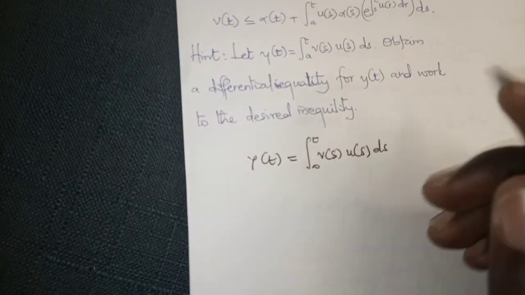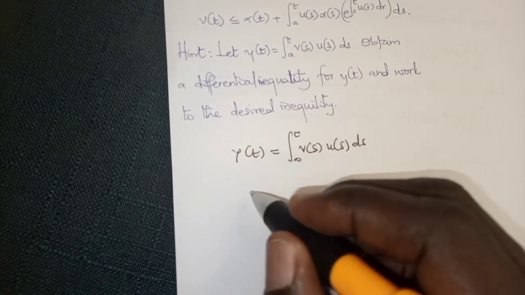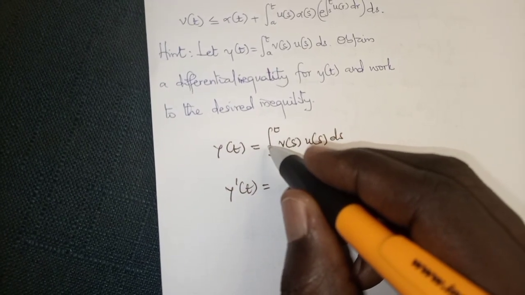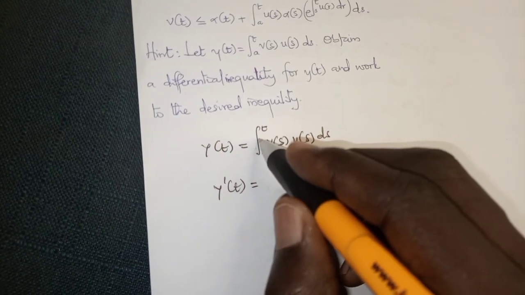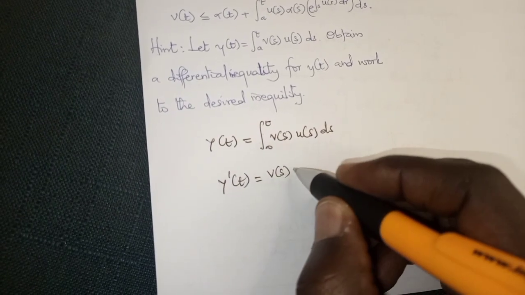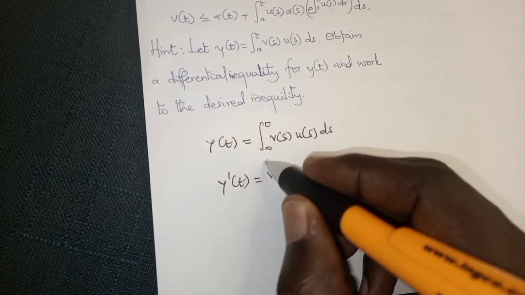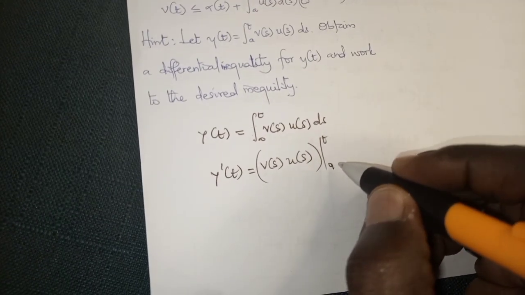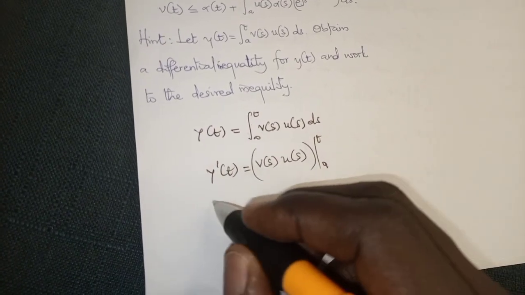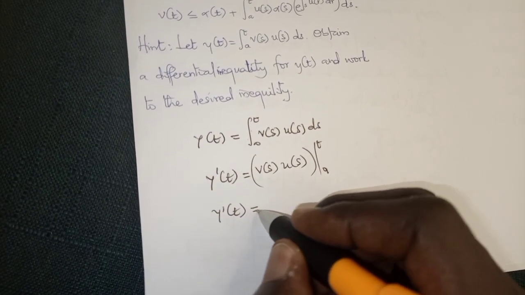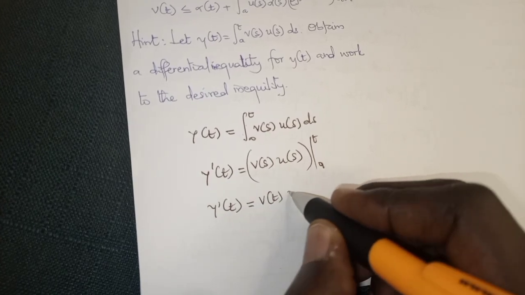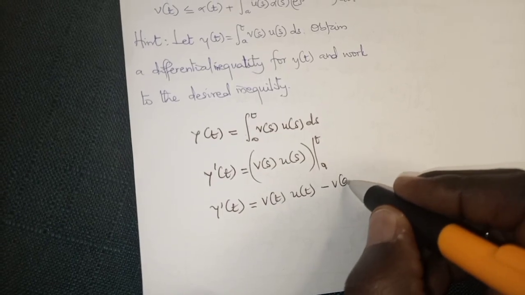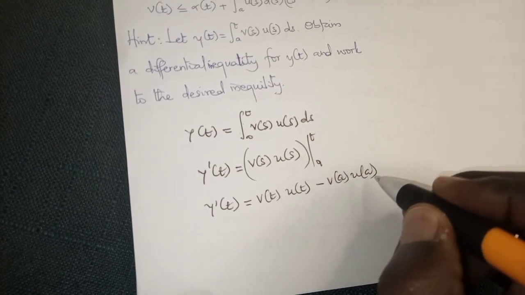When we differentiate, we have y prime of t equals the differentiation of these. We will cancel out the integral, so we have v of s, u of s, all within the limit of a to t. So when we simplify this, we get y prime of t equals v of t, u of t minus v of a, u of a.